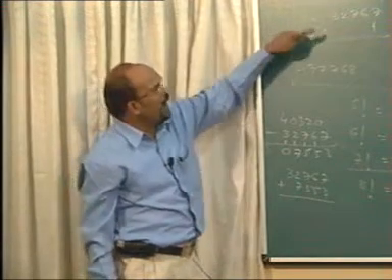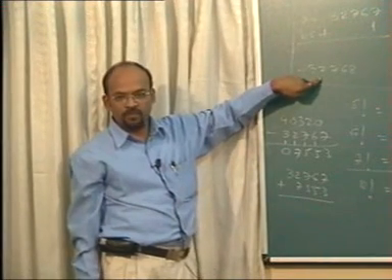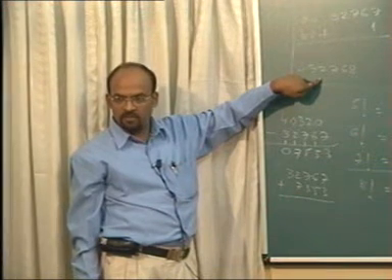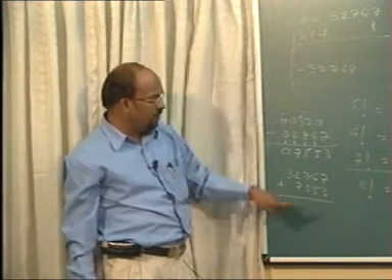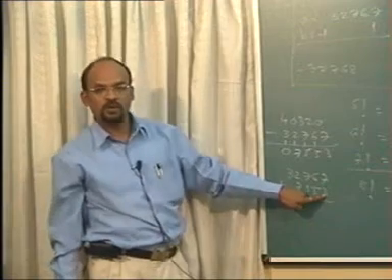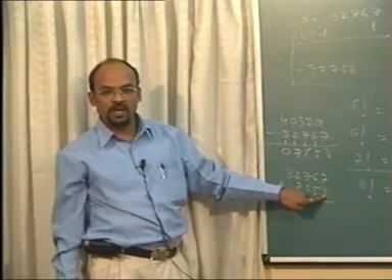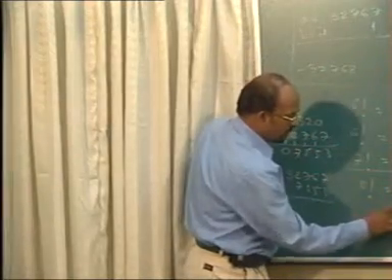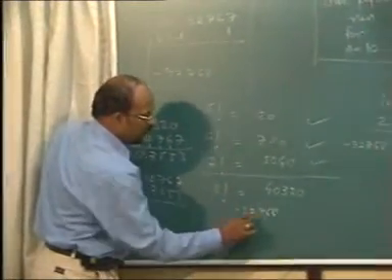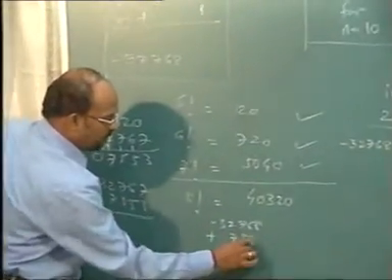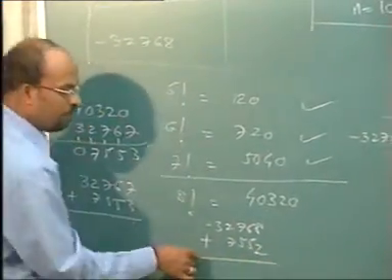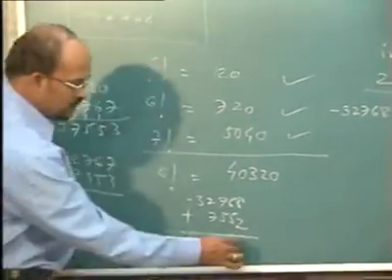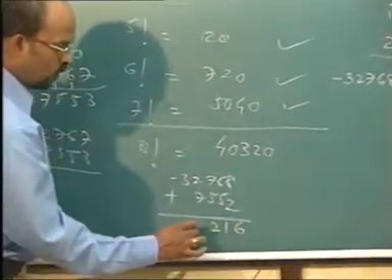But when you add 1, you get this value. Right? So to this value, if you add 7552, you will get the output which the machine will give, and that is going to be -32768 plus 7552, which is going to be 612.